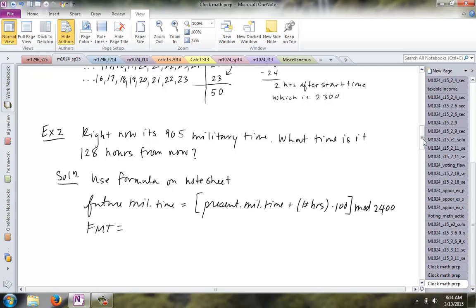So let's do an example where we're not trying to do it the long way and understand, and just use a formula which is provided on the formula sheet for the test. Right now it's 9:05 military time. What time is it 128 hours from now? So using the formula sheet, the future military time is this formula: present military time plus the number of hours times 100, and then take that all mod 2400.